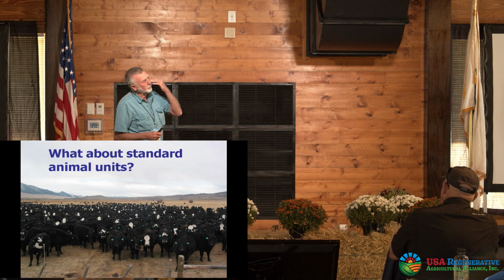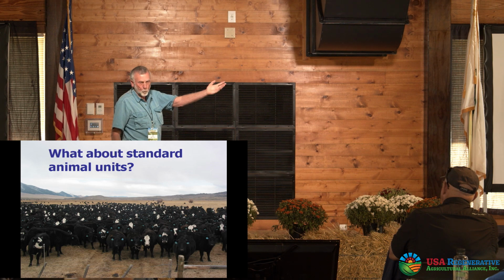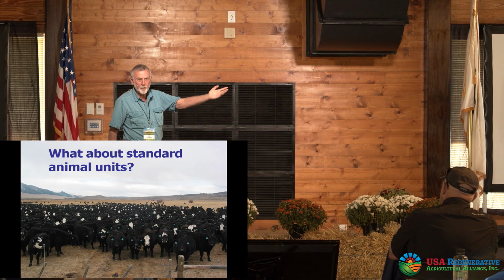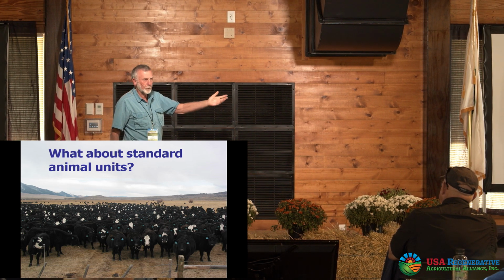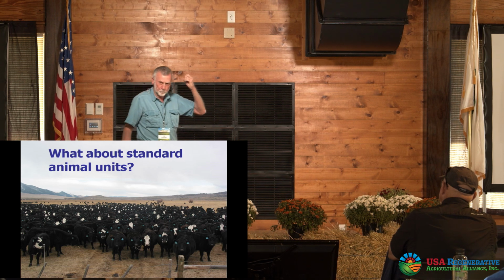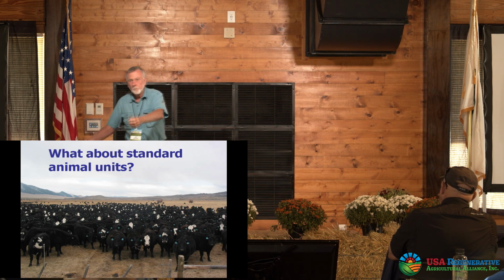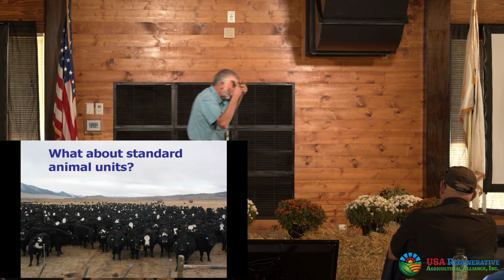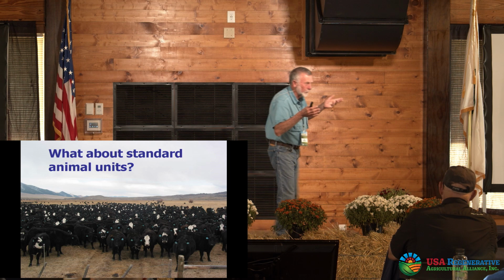And as long as I could see 40, 50 days of feed ahead of me, I didn't have to worry about selling animals or buying feed in or anything like that. So I've been doing this a long time informally.